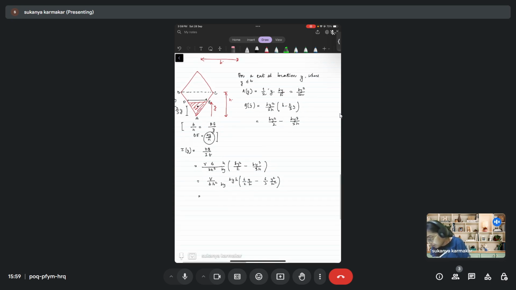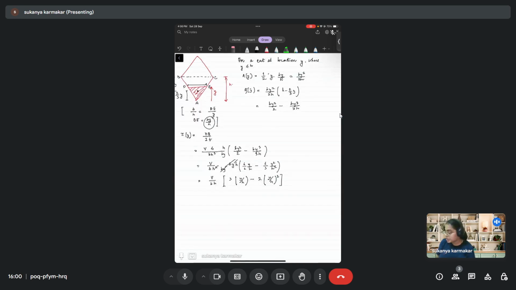So this will simplify to V by b h times 3 times y by h minus 2 times y by h squared. Now we have to find the location where this shear stress is maximizing.